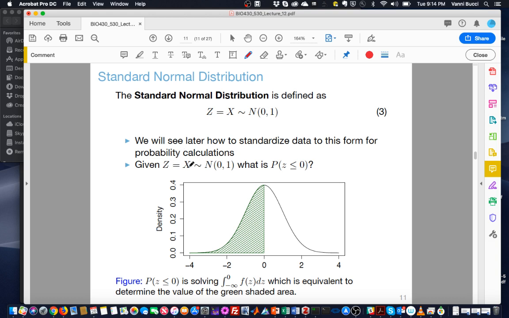For example, given Z a normally distributed random variable, centered at 0 with standard deviation equal to 1, what is the probability of getting a value Z that is less than 0?